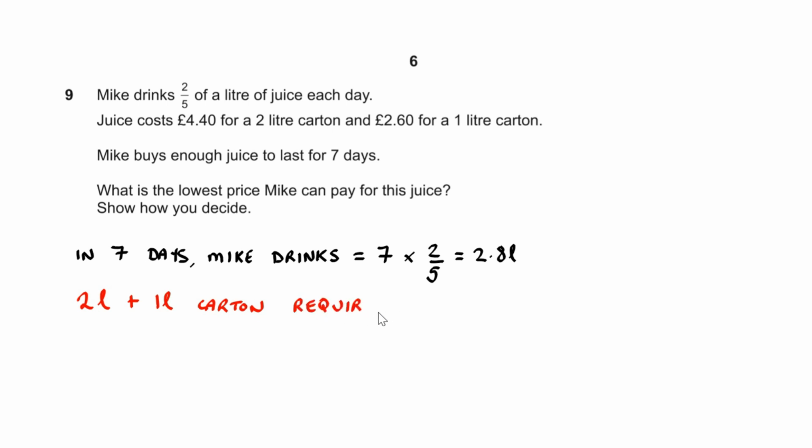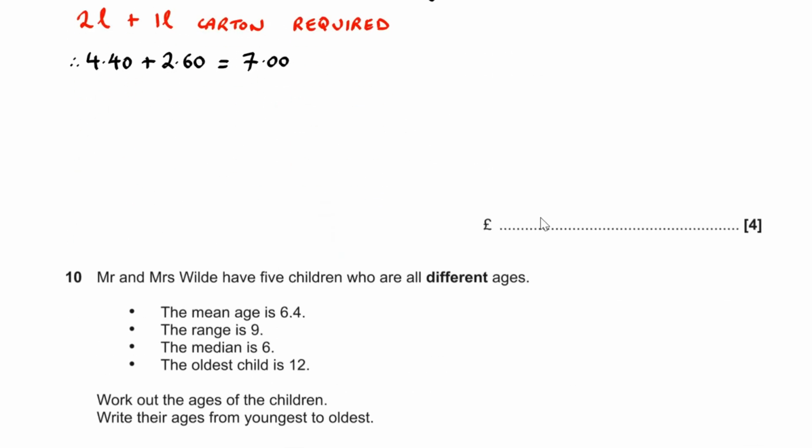Therefore, we would have 1 2 litre carton, so that costs us £4.40, plus 1 1 litre carton, that costs us £2.60, and therefore the price of these added together is £7. So the lowest price he can pay is £7.